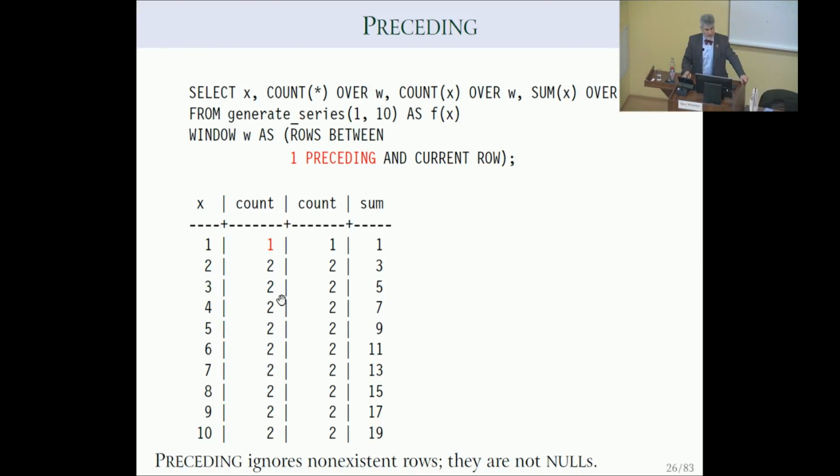All the other rows are literally processing 2 rows. So it's the current row and the row before it. So here we have 1 is 1. This is 3 because it's 2 plus 1. This is 5 because it's 3 plus 2. This is 7 because it's 4 plus 3. This is 9 because it's 5 plus 4. This is 19 because it's 10 plus 9. It's basically adding the current row and the one before it.